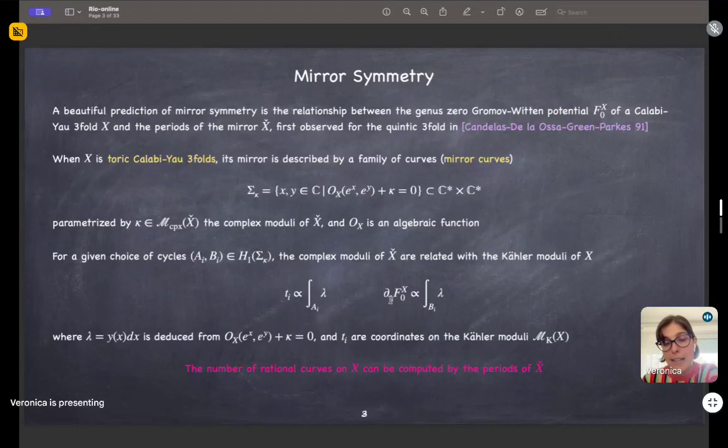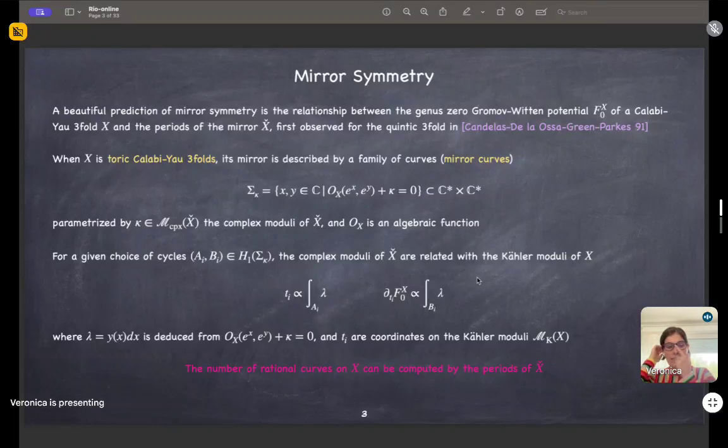After taking a derivative, the generating function of the Gromov-Witten invariants is proportional to the B-period. So if you know how to compute the periods, and in particular if you know how to solve the Picard-Fuchs equation for the mirror curve, then you can extract the geometric information encoded in the number of rational curves using this type of relation.